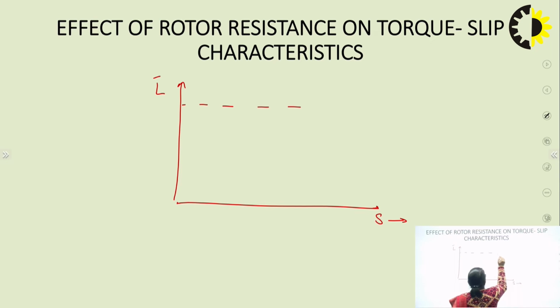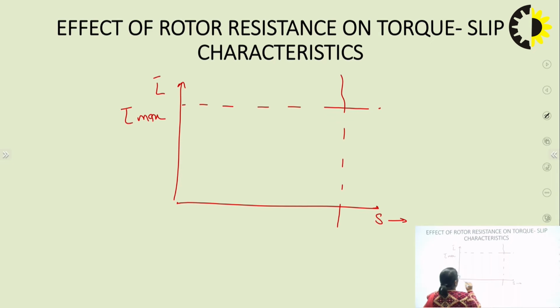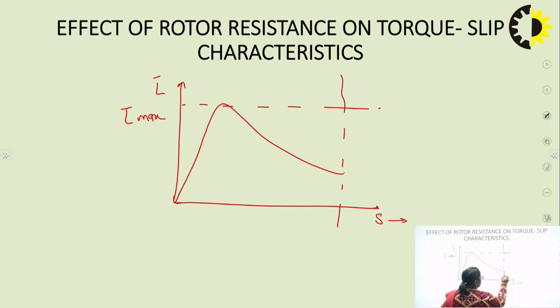Supposingly this is the maximum torque produced by the motor, right? This is the starting torque, tau ST1. This is the starting torque in the initial state when the rotor resistance is just R2.